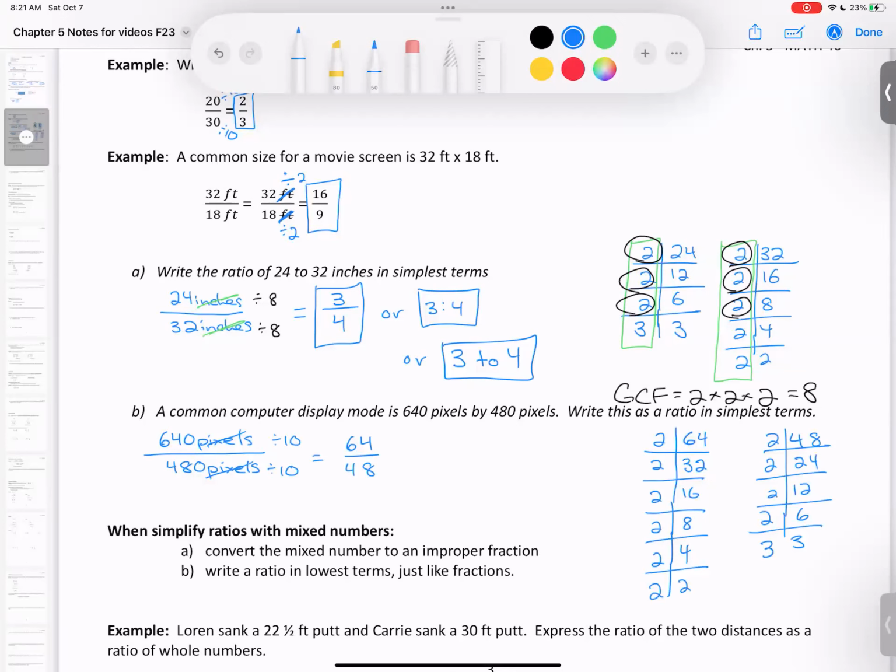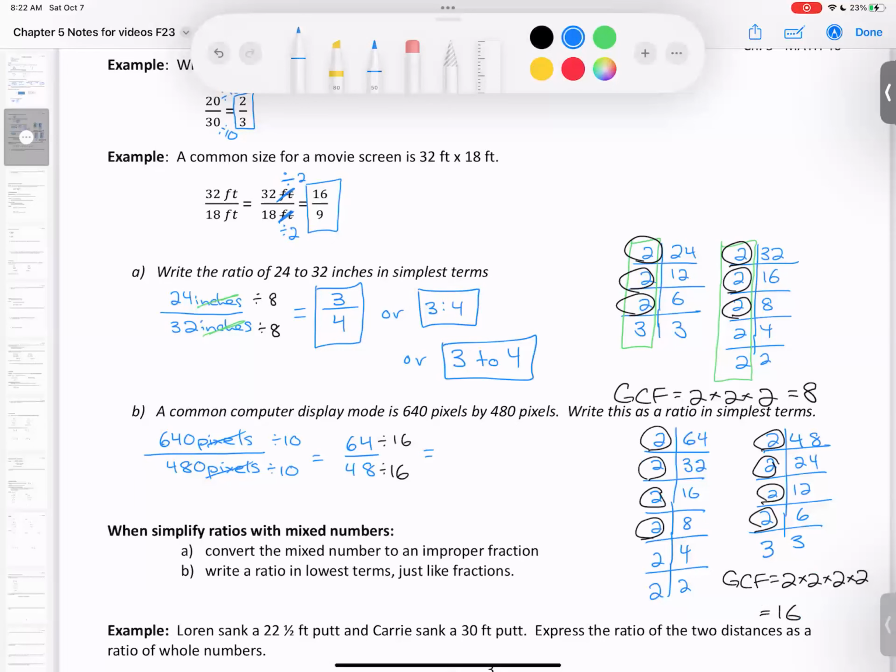There we go. And now we're going to circle what we have in common. 1 pair of 2's, 2, 3, 4 pairs of 2's. So our GCF here is 2 times 2 times 2 times 2, which is 16. So I'm going to divide the top and bottom here by 16 then to get my fraction in simplest form.